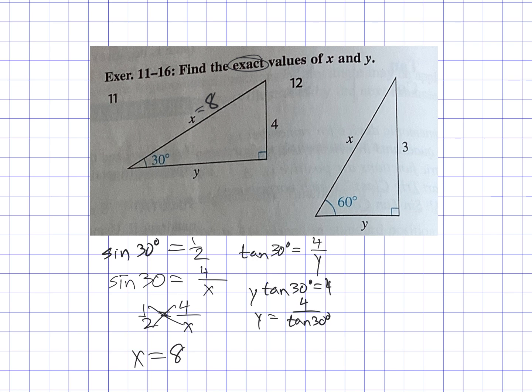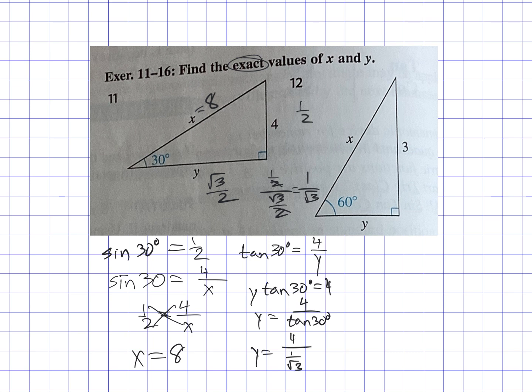So the tangent is your y value over your x value on your unit circle, which is 1/2 over the square root of 3 over 2, short leg over the long leg. So 1/2 over the square root of 3 over 2 is going to be 1 over the square root of 3. All right, so y equals, instead of rationalizing that, let's just put it in here, 4 over 1 over the square root of 3.